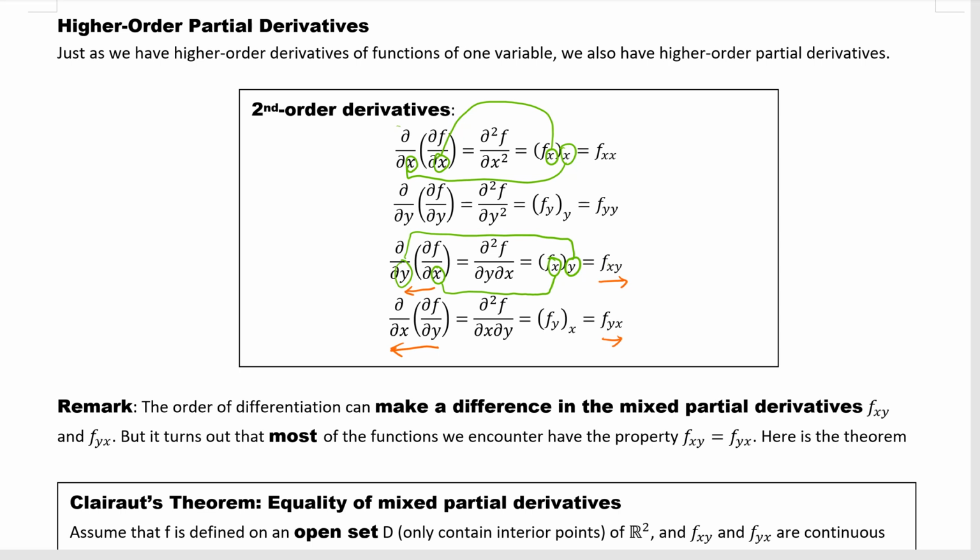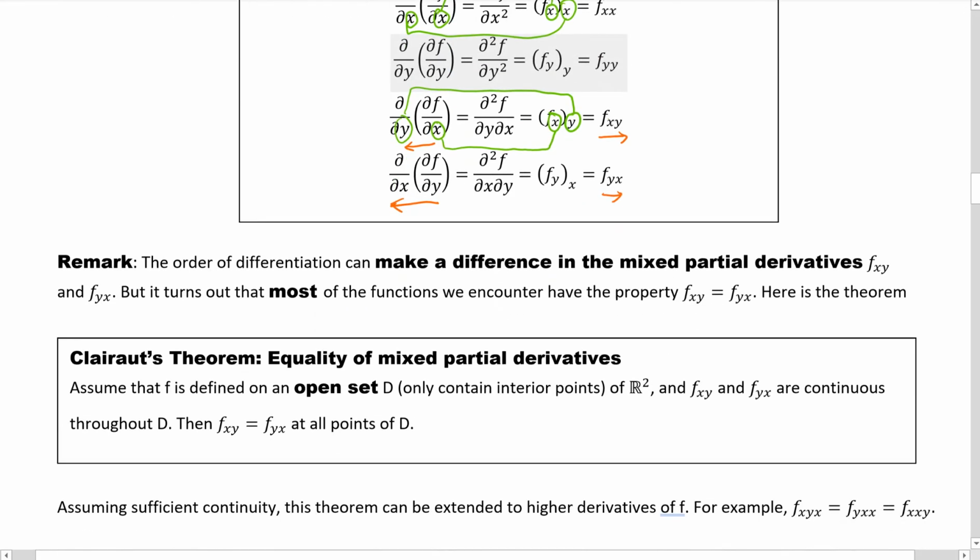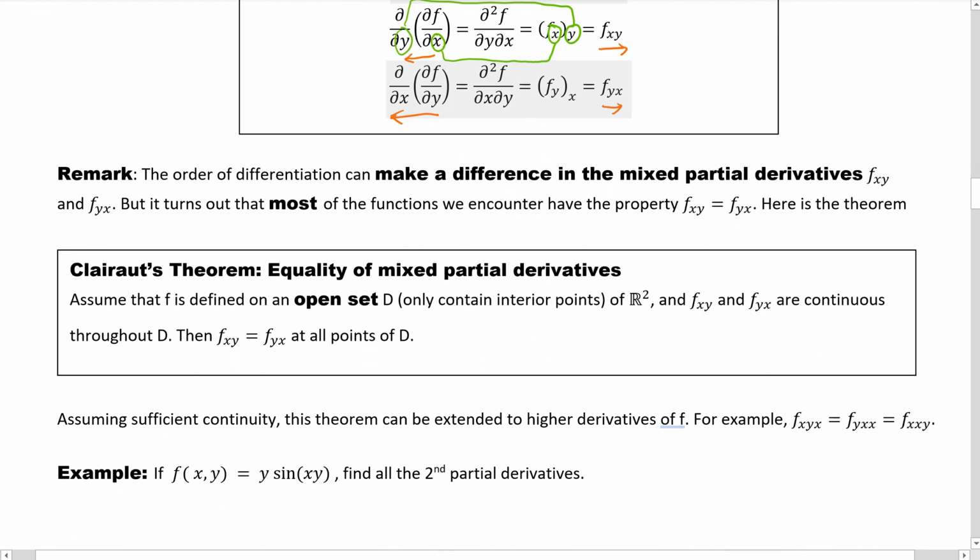Okay, we mark that the order of differentiation can make a difference in the mixed partial derivatives f_xy and f_yx. But it turns out that most of the functions we encounter have the property that f_xy equals f_yx. So here we have the theorem, Clairaut's theorem, equality of mixed partial derivatives.